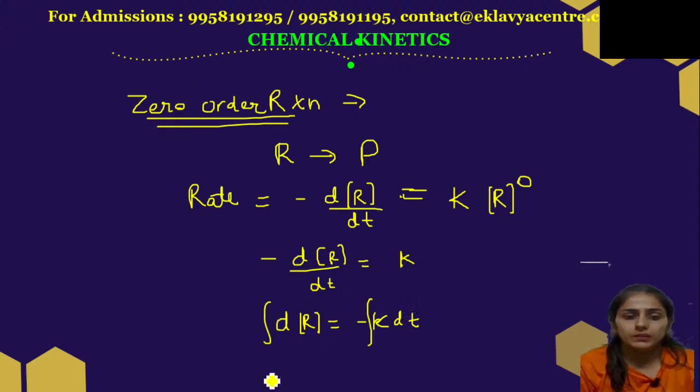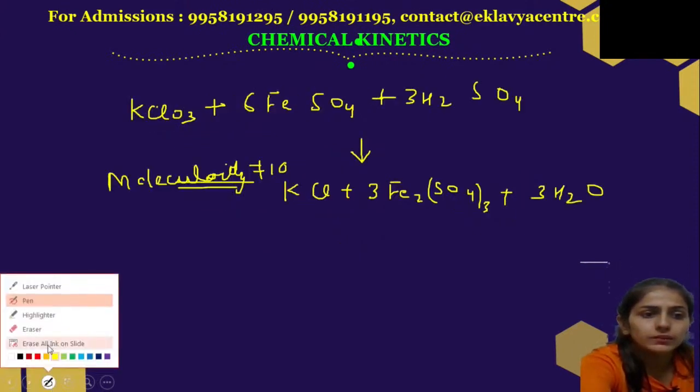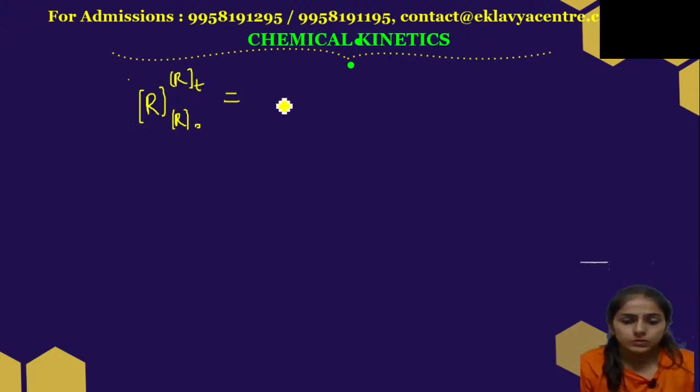Now we integrate this from [R]0 to [R]t. At t equals 0, the concentration is [R]0, meaning the initial concentration of the reactant. At t equals t, the concentration of the reactant becomes [R]t. On integrating, we get [R] from [R]0 to [R]t equals minus kt.